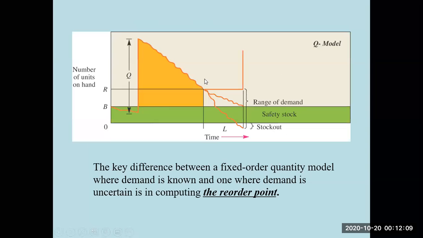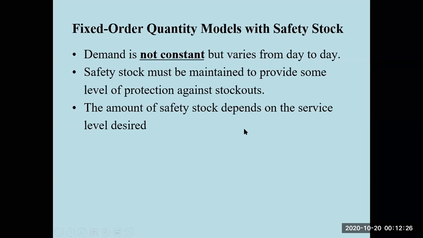So sometimes there is stock when the order is received, but sometimes we are out of stock. So this is kind of a safeguard, a safety stock. So we need safety stock, and we call this the safety stock model.